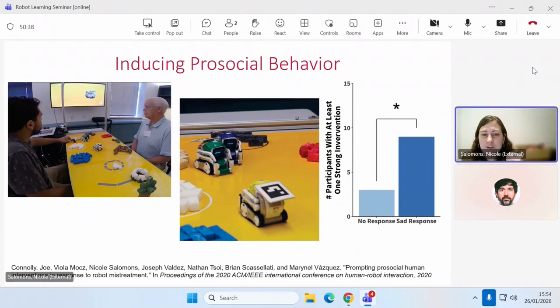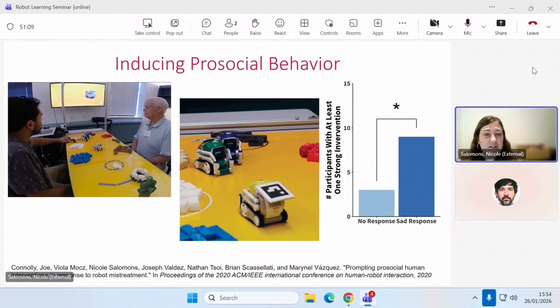And we were interested in seeing whether we could get participants to step in. And we noticed that just one simple behavior could influence participants to proactively step in and stop our actor. And that was by showing sadness towards the robotic abuse. Whenever the yellow robot was mistreated, the green and blue robot would immediately go, oh, like this very sad movement and noise towards the yellow robot.